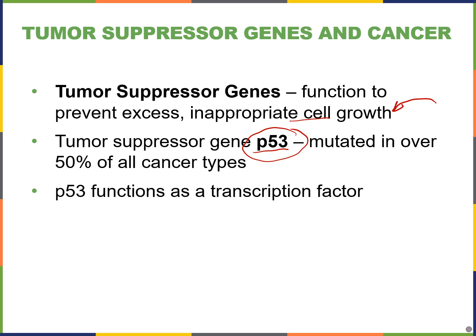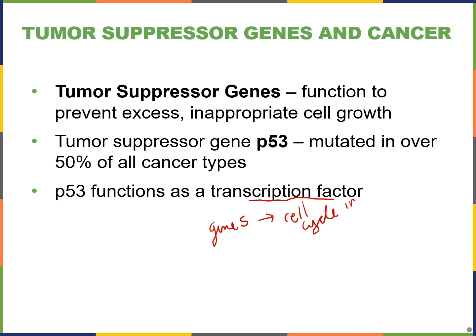P53 also functions as a transcription factor. And I should include that we usually think of transcription factors as promoting cell growth because we're promoting the expression of genes. But the way that P53 acts as a transcription factor is that it activates genes that are going to be controlling the cell cycle and really inhibiting the cell cycle.